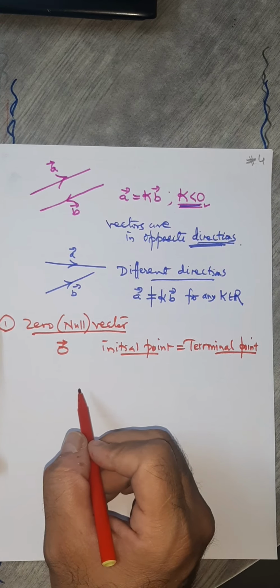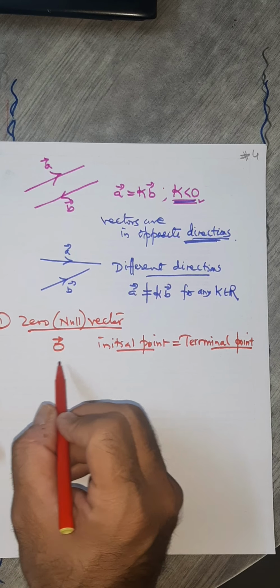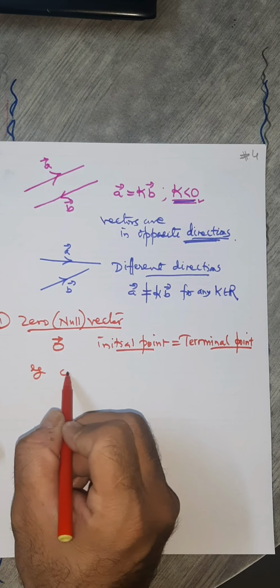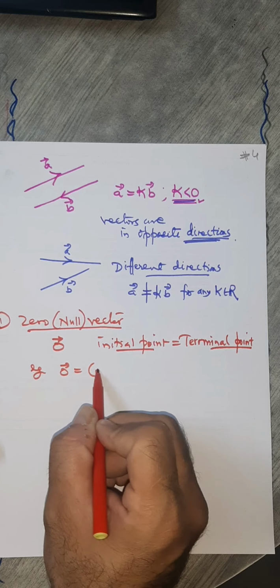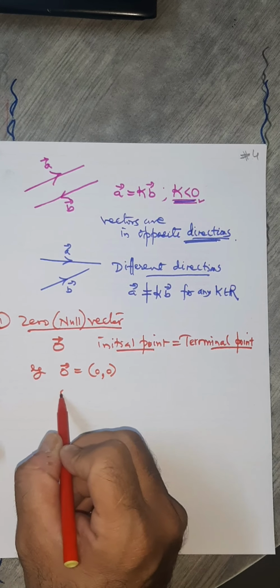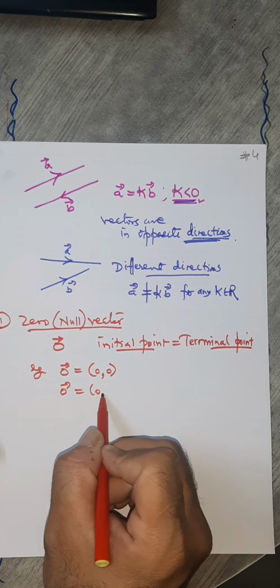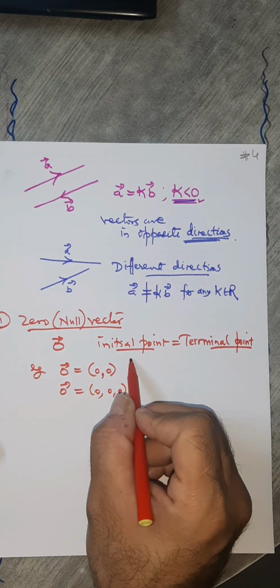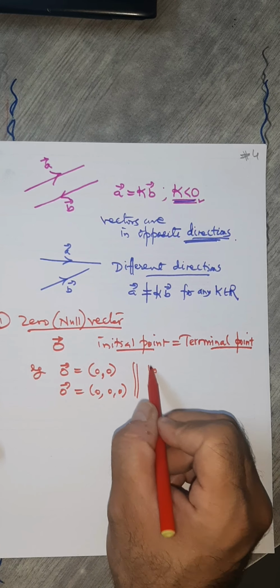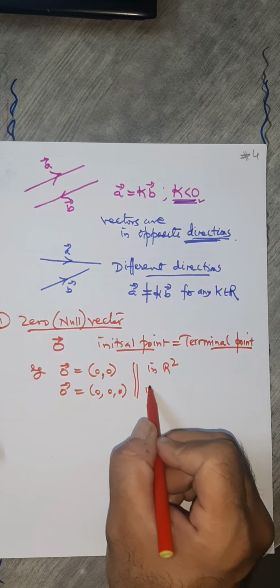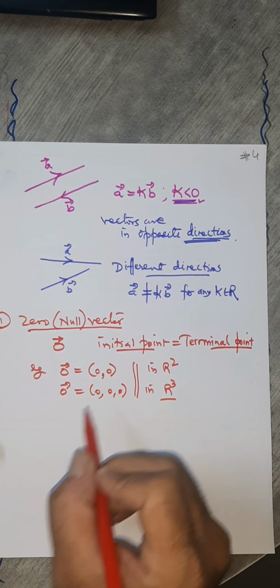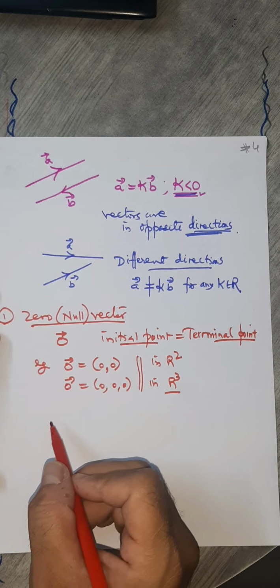Such a vector is known as which vector? Zero vector. That is, if you take in R2, then the position vector would be 0, 0. If you take in R3, then it is 0, 0, 0. These are the null vectors in R2 and this is in R3, remember. Position vector will always be 0.